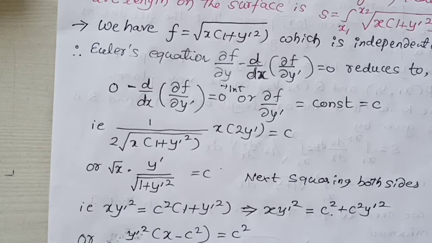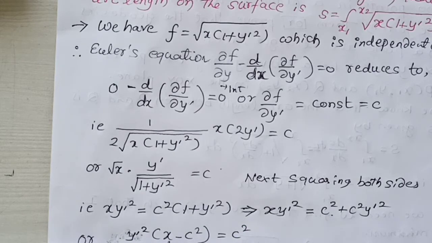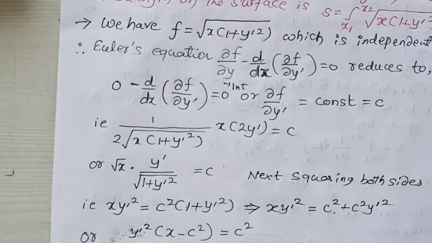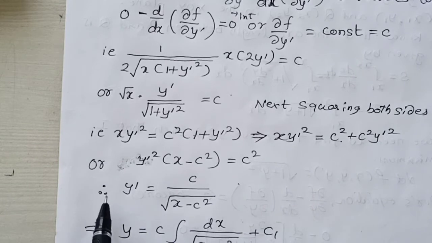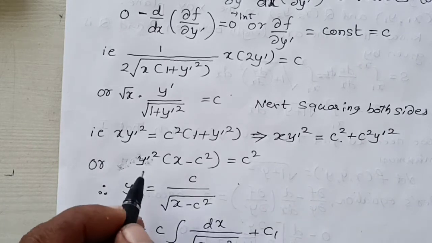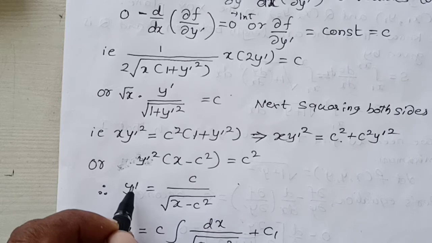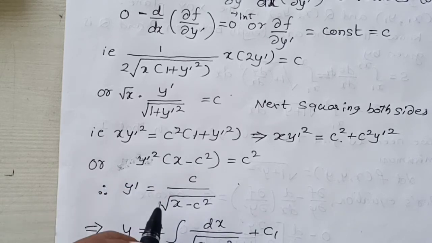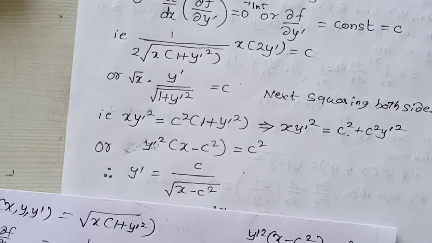So y dash square into x minus c square equals c square. Therefore y dash square equals c square upon x minus c square.